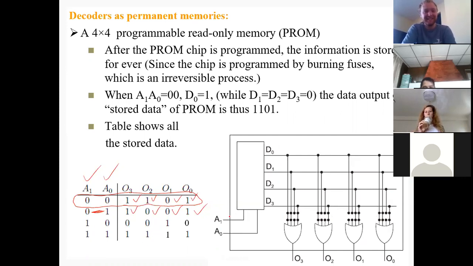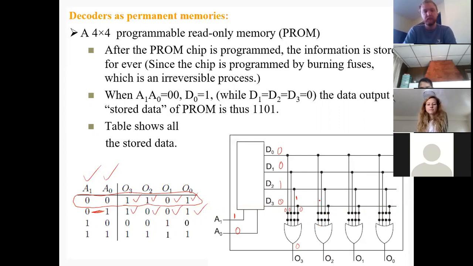All right. So if A1 is 1, this is 0, then what do you get here? 0, 0, 1, 0. Right? So let's see. This guy is 1, right? This guy is 1, but this is not connected. Everything else is 0. What do you get here? 0. Make sense?